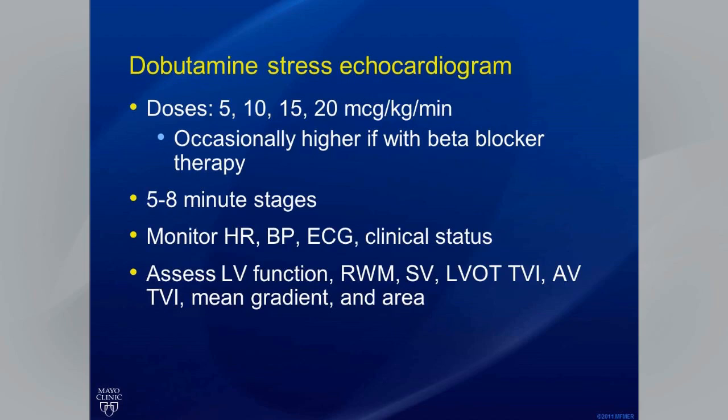And we'll be looking for changes in left ventricular systolic function, the development of regional wall motion abnormalities, but also assessing the stroke volume, left ventricular outflow tract time velocity integral, and aortic valve time velocity integral, and the mean gradient across the aortic valve. Then we'll use the baseline left ventricular outflow tract diameter, which has been shown not to change during dobutamine stress testing, and recalculate the aortic valve area.